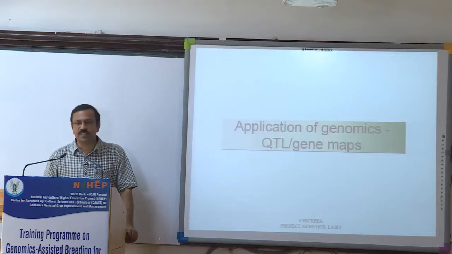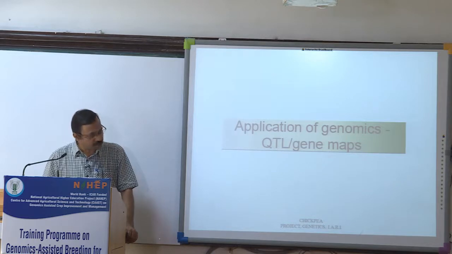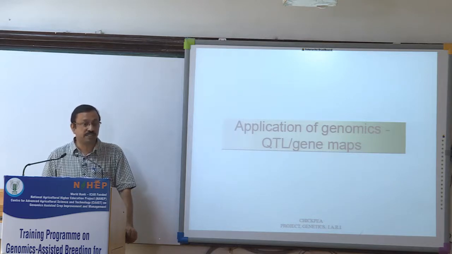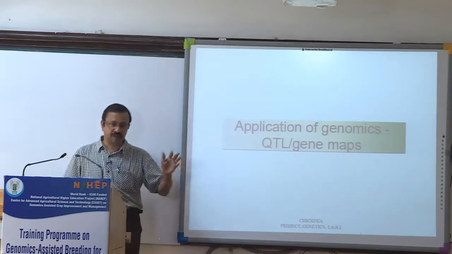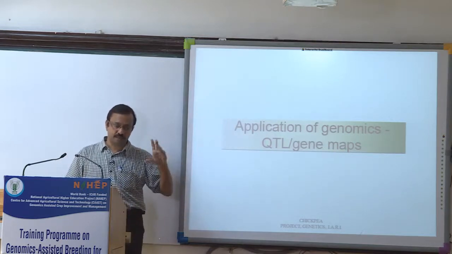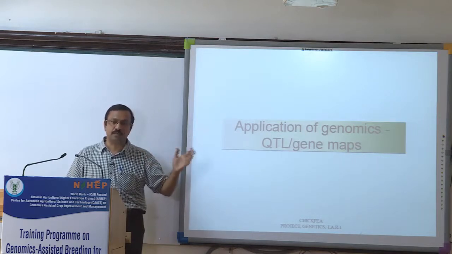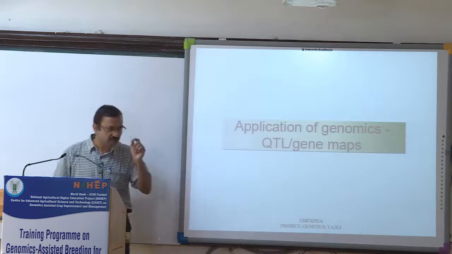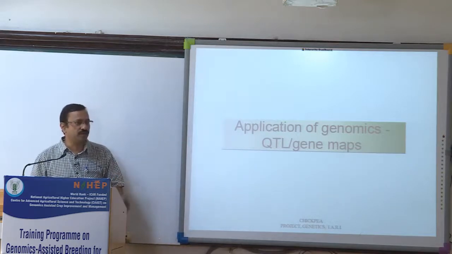Where was the first transgenic crop evolved, commercially? Tomato, Flavr Savr. And you will be surprised to know that the first QTL application is also in tomato, where they derived fruit size and TSS from Lycopersicon pimpinellifolium, which is a small-fruited variety.